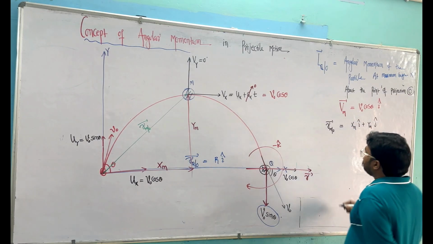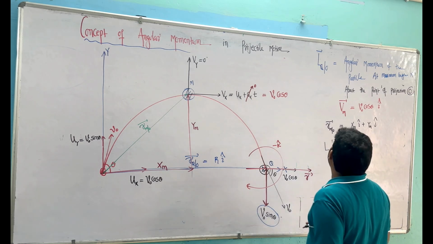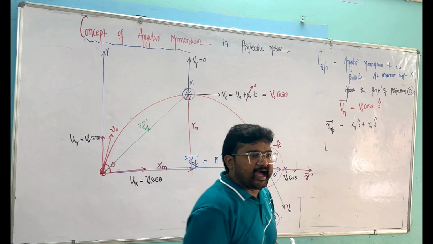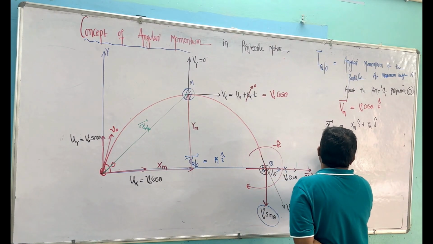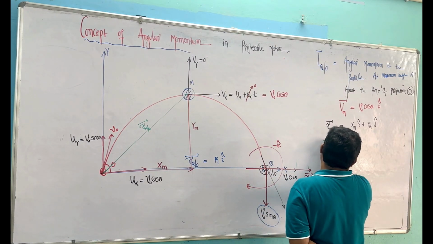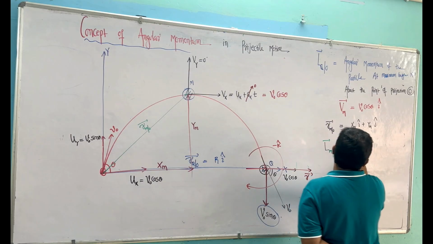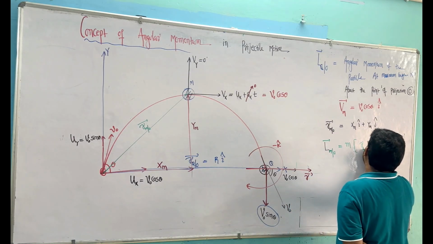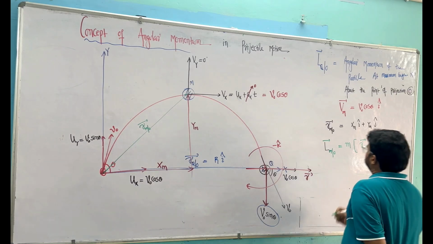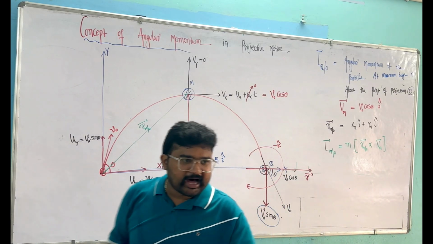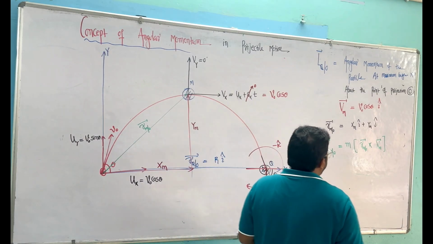What is the angular momentum of the particle at maximum height about the point of projection? Position of the particle at M about the point of projection, and velocity of the particle at position M. Then what will you get, tell me?